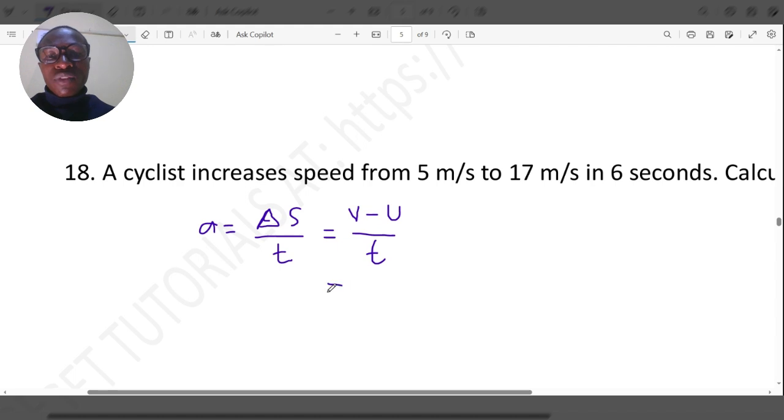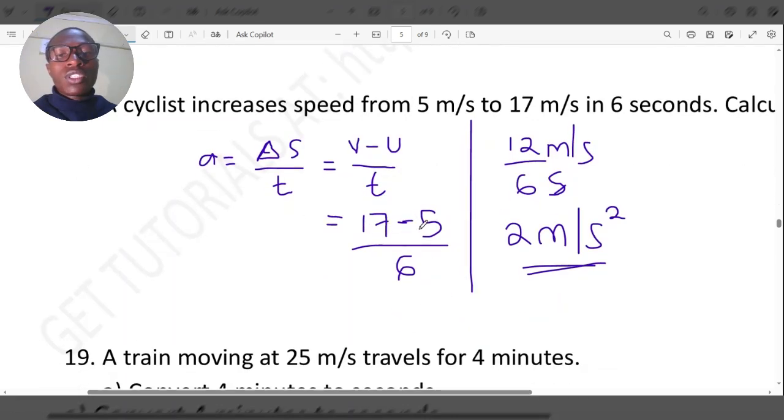Therefore what we have is that v is 17, we subtract 5, and divide by 6.